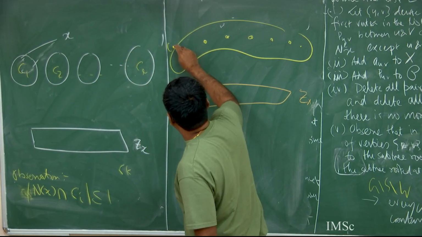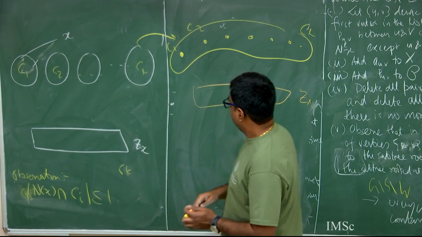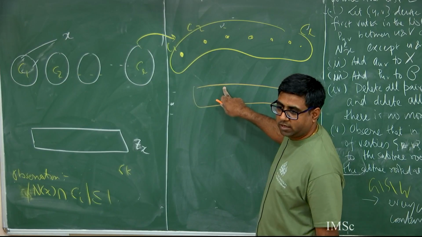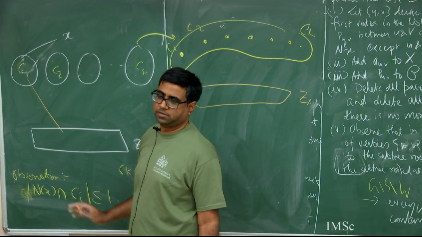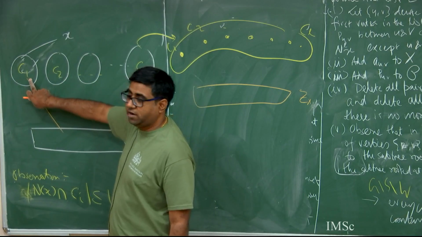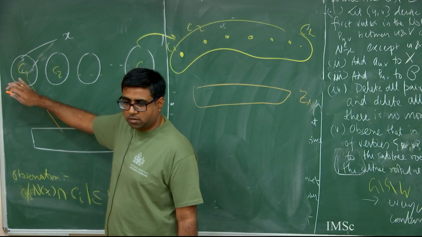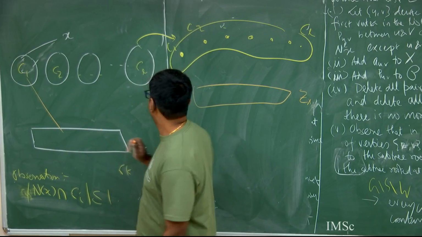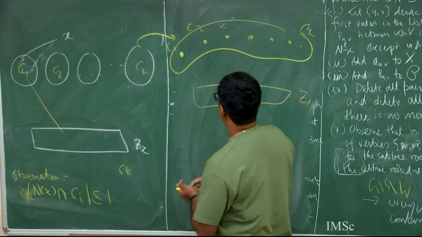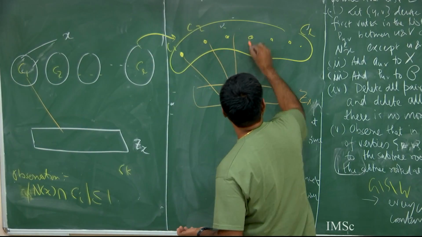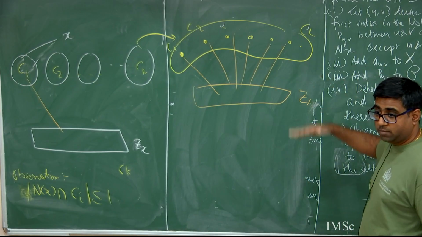So there is a vertex for each component, and I put an edge between this vertex and this vertex if there is a vertex in the component that has an edge to it. If there exists even one vertex here such that it has a neighbor to one of these, then this component and this vertex have an edge. So basically think that I have shrunk each connected component into a singleton, and I forget the edges inside. So now this is a bipartite graph.